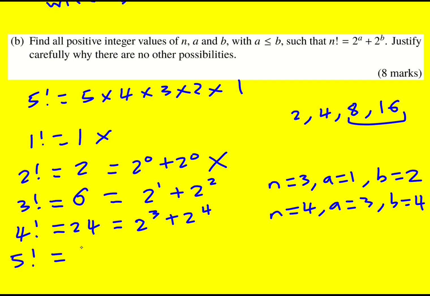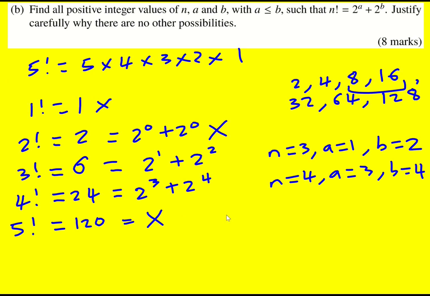5 factorial. That's actually 120. Look, you can see they're getting much larger now. We might, first of all, just write down some of your numbers. Now can we get 120? Well, 128 is too big. I can only add 2 of them, so there's no way that I can do this. And here's the key thing.